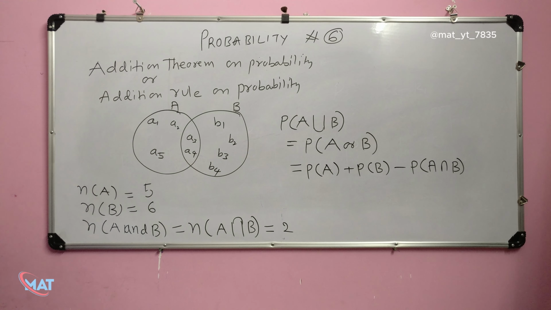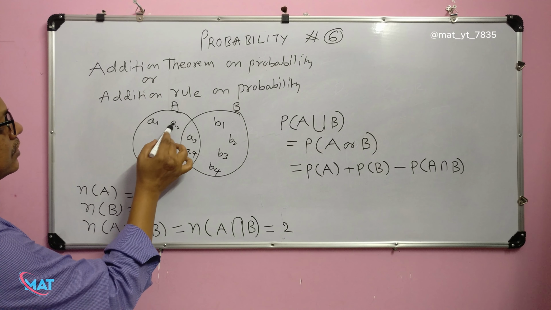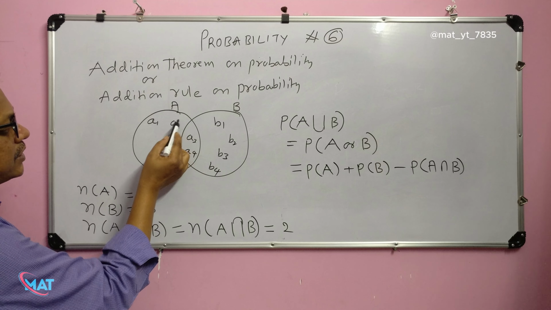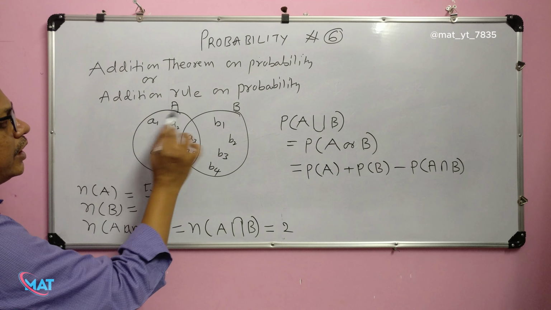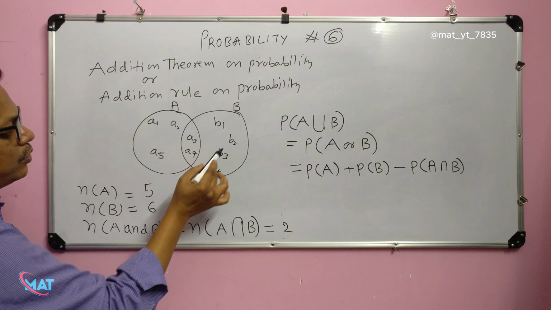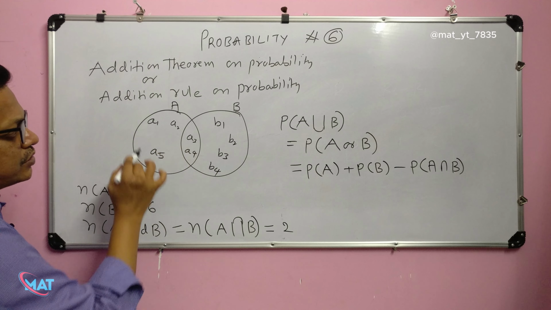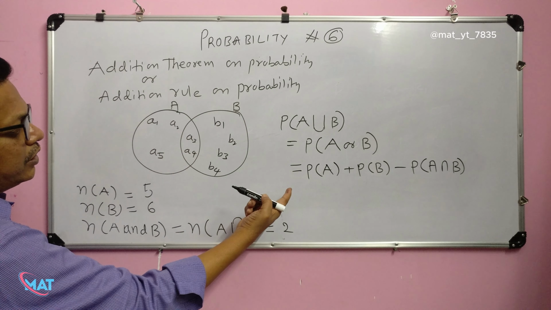If you look at this part, A1, A2, A5 are present only in A. A3, A4 are in the A and B part. B1, B2, B3, B4 are only in B. Based on this view, we get this rule called the addition theorem on probability.